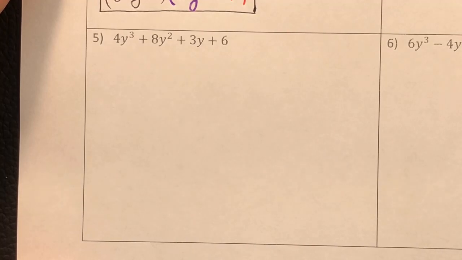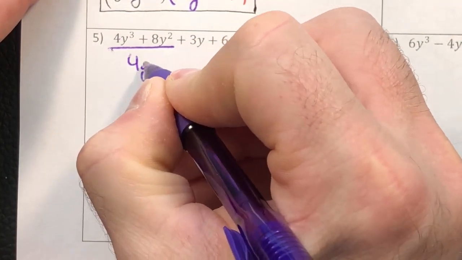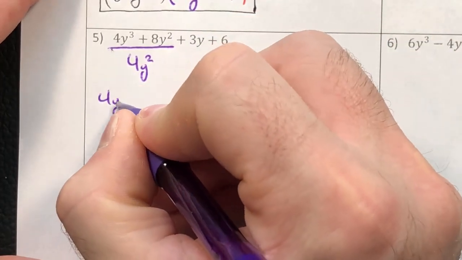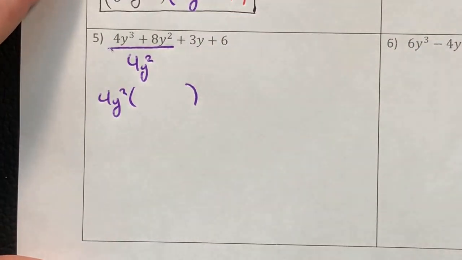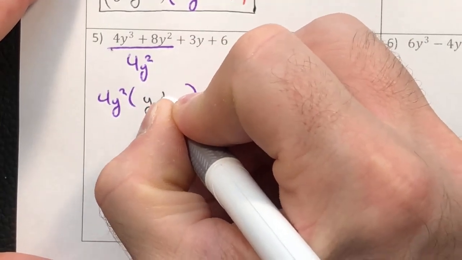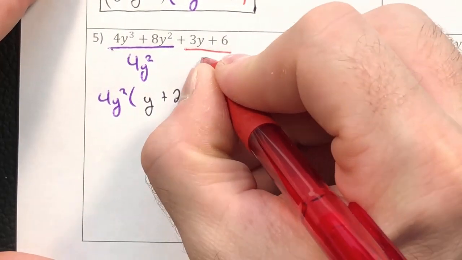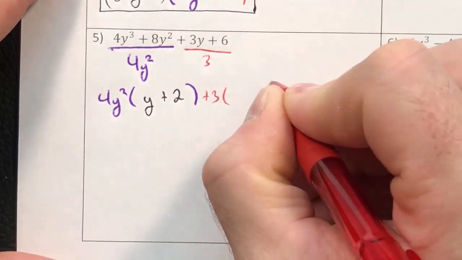Perfect. So now that you've had a chance to try it out, our GCF over here is going to be a 4y squared. When I divide them both by 4 and remove 2 y's, I'm left with y plus 2. Over here, I can divide them both by 3.